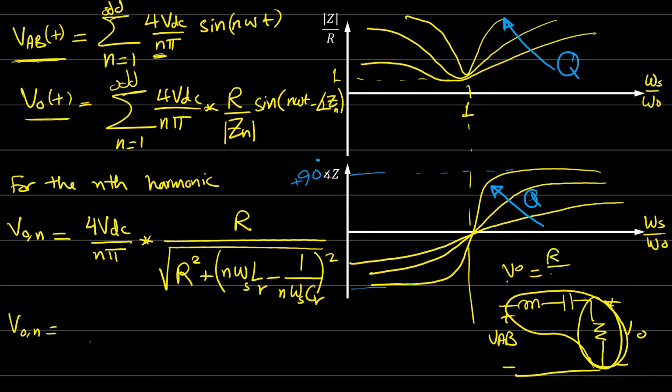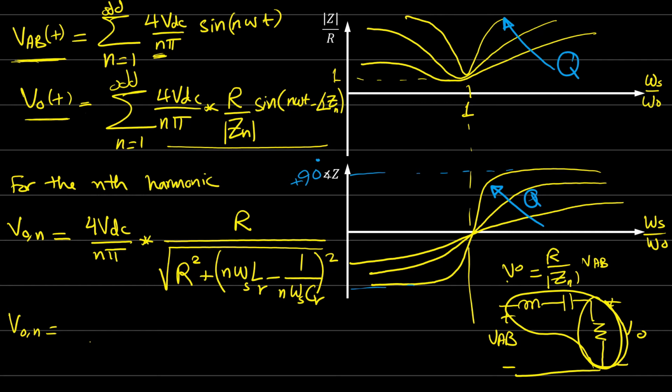R over the whole impedance Zn times VAB, right? So that's how we obtain this one. Just voltage divider. V out over VAB is equal to how much? R over R plus the reactance of the capacitor and the inductor. R plus the reactance of the capacitor and inductor is the Zn.